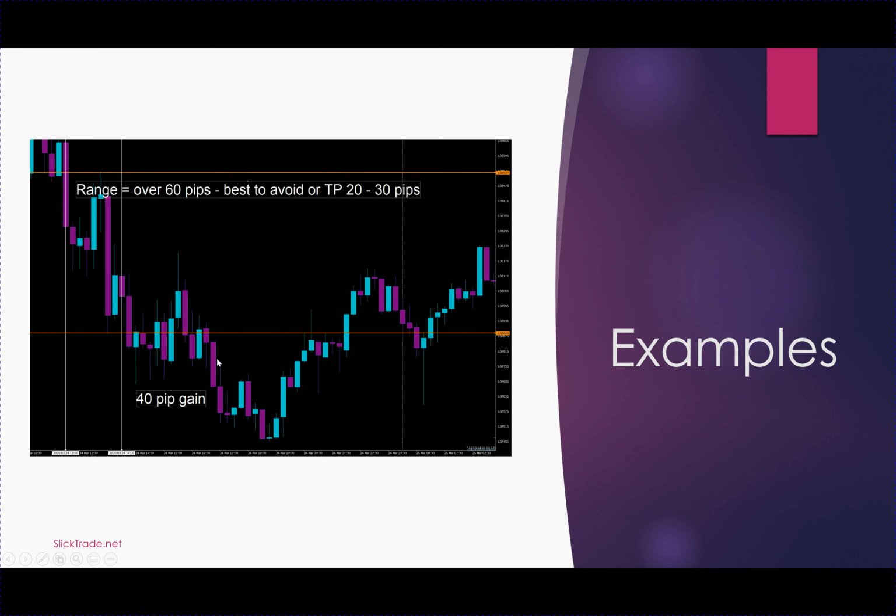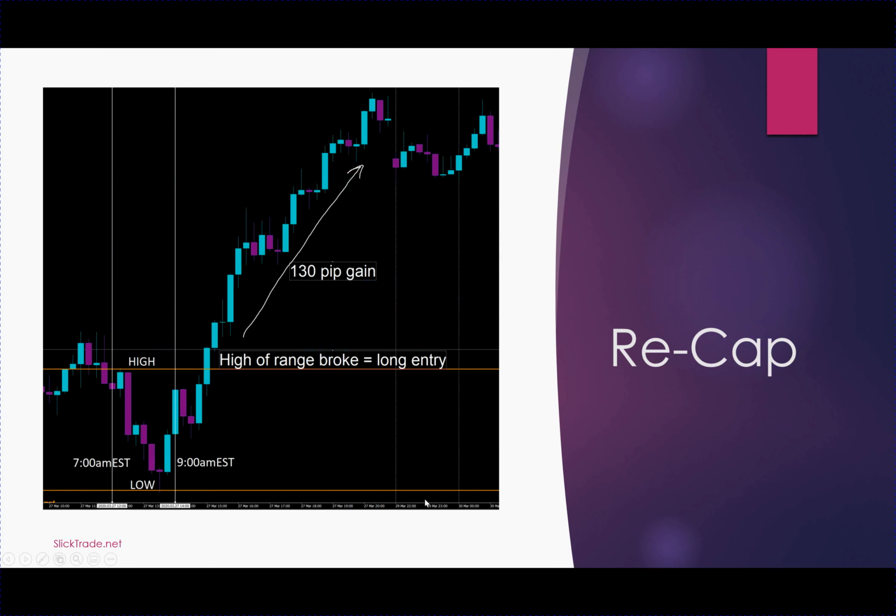You would have only had the potential to gain 40 pips. So 40 pips is still 40 pips, which is great. But just keep in mind that whatever rules you set for yourself that month, you stick to them. Don't chase trades.